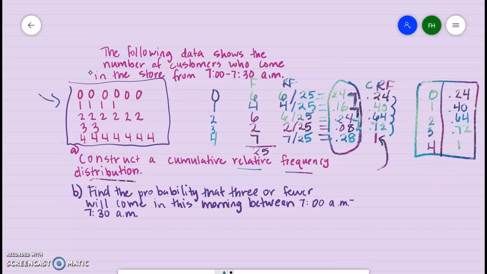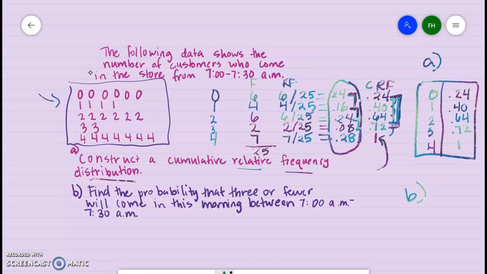And then, so there's part A, and then for part B, find the probability that 3 or fewer will come in the morning between 7 a.m. So 3 or fewer would be from here and back.